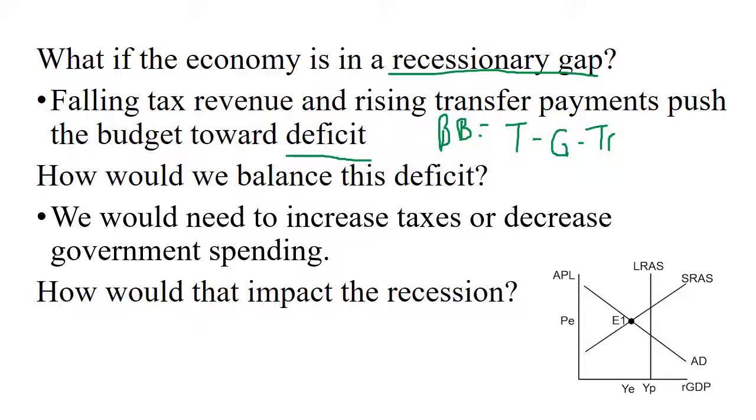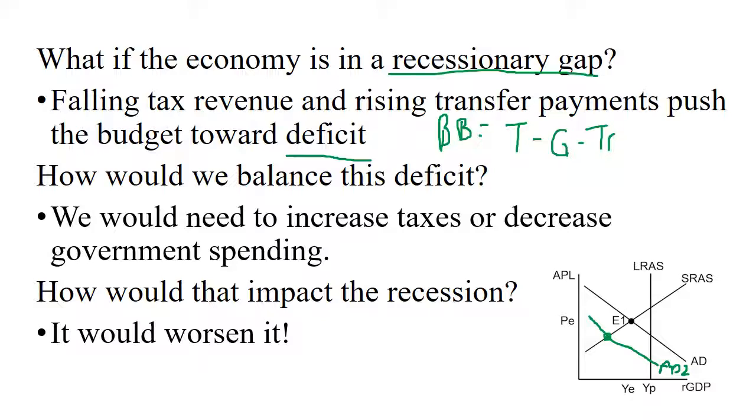But how would those changes affect the recession? If you increase taxes, people are going to buy less stuff. AD would shift to the left. If you decrease government spending, the government's buying less stuff. AD would shift to the left. So see how, no matter which of those solutions you do, you actually worsen the recession.